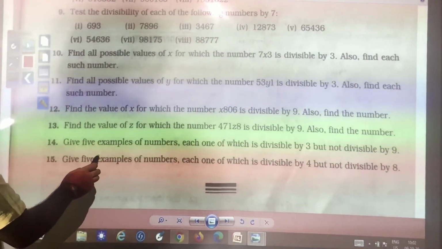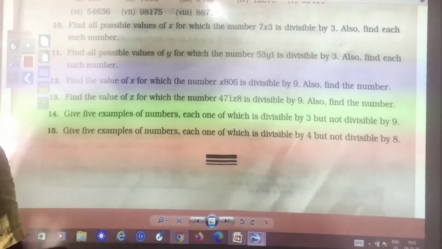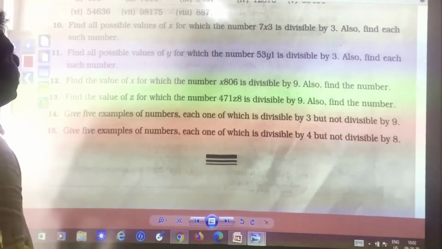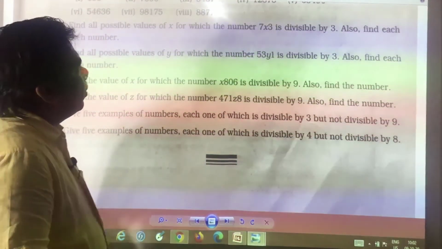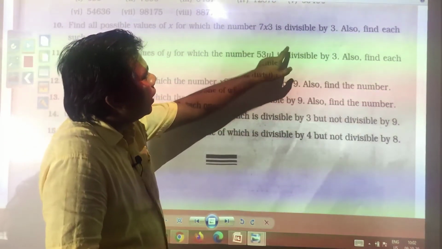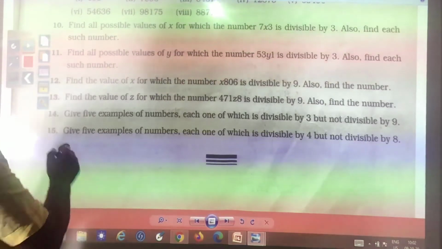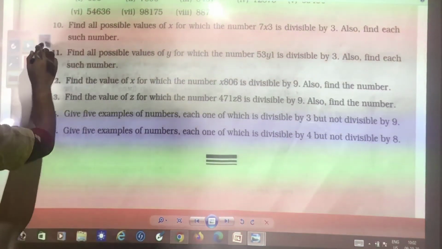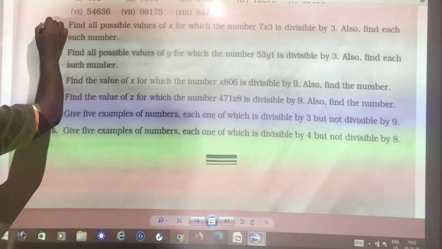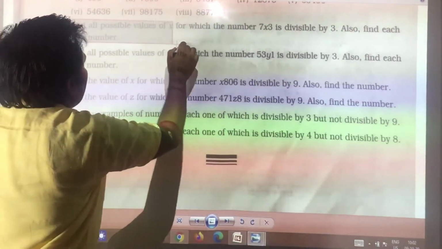Here you see, the first question you have: find all possible values of x for which the number 7x3 is divisible by 3, also find each such number. So, this is so easy, I hope you might have done it yourself.